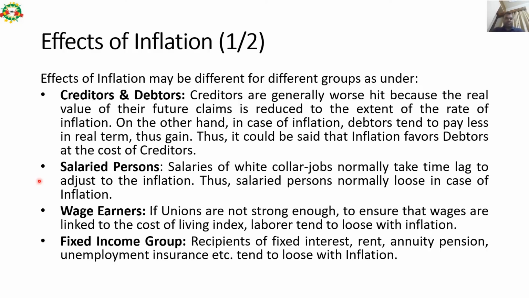So salaries tend to increase with some time lag. Wage earners, if unions are not strong enough to ensure that wages are linked to the cost of living index, laborers tend to lose with inflation. Fixed income groups, recipients of fixed interest, rent, annuity, pensions, unemployment insurance, tend to lose with inflation.